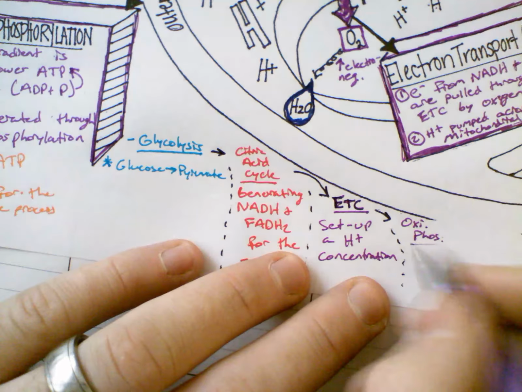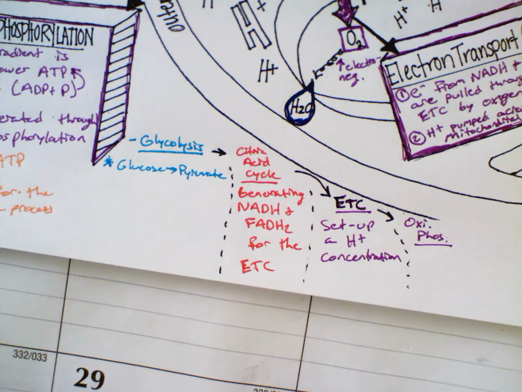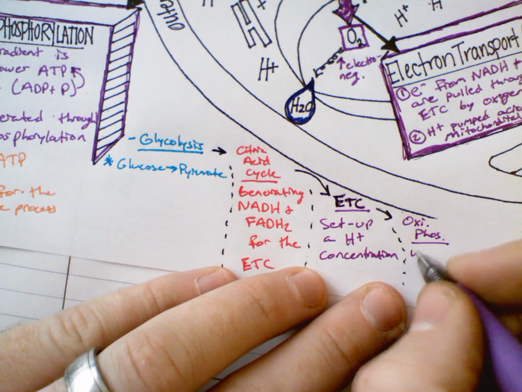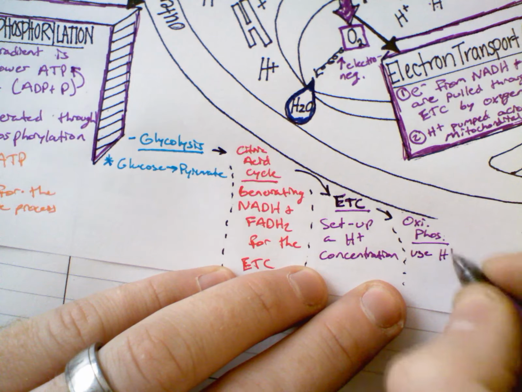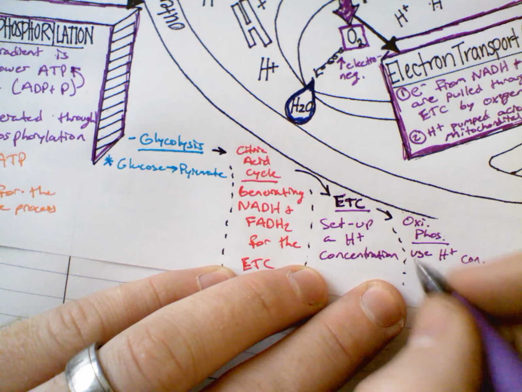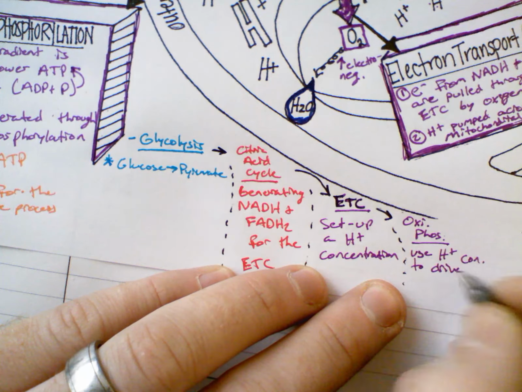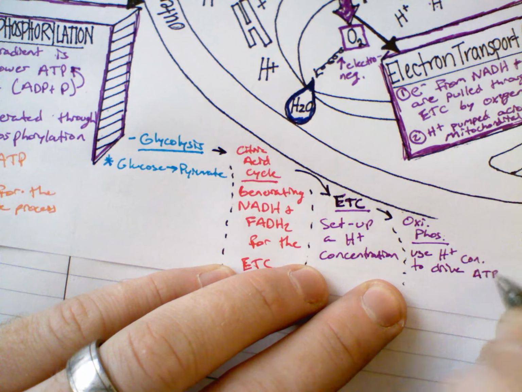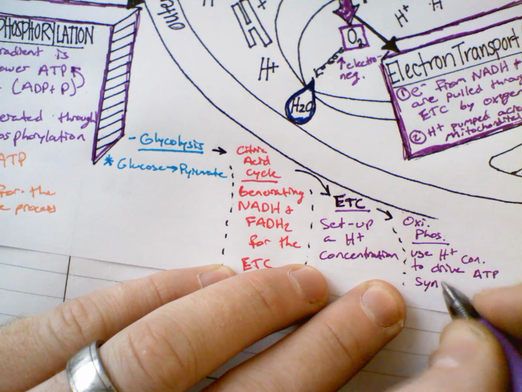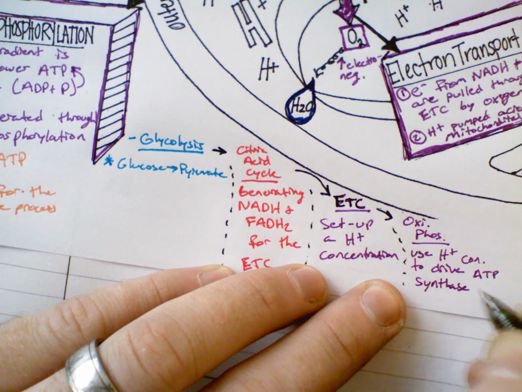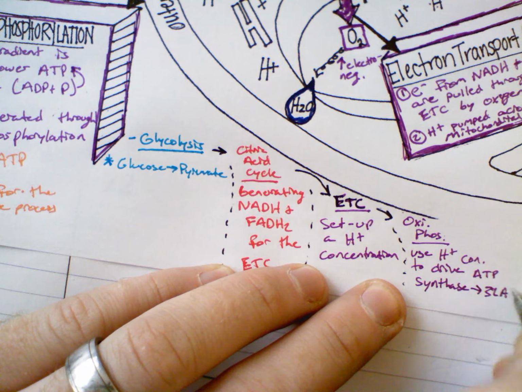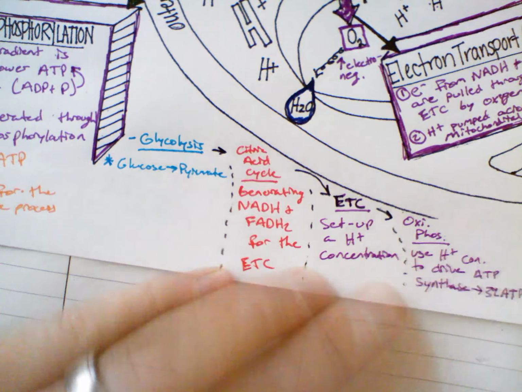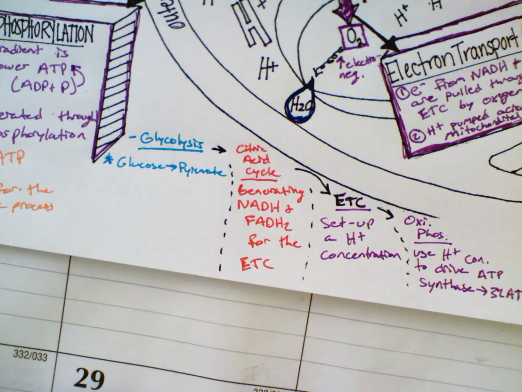And in oxyphos, so in oxidative phosphorylation, we are going to use the hydrogen ion concentration to drive ATP synthase, where we make 32 ATP. 32, 34, 33, somewhere in there, ATP. So that's the general overall process.